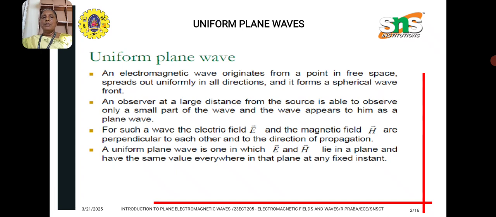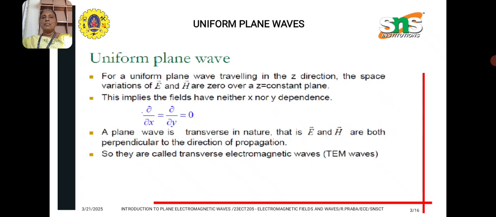So, for such a wave, the electric field E and the magnetic field H are perpendicular to each other and also to the direction of wave propagation. A uniform plane wave is defined as a wave in which the electric field and magnetic field lie in a plane and have the same value everywhere in that plane at any fixed instant.